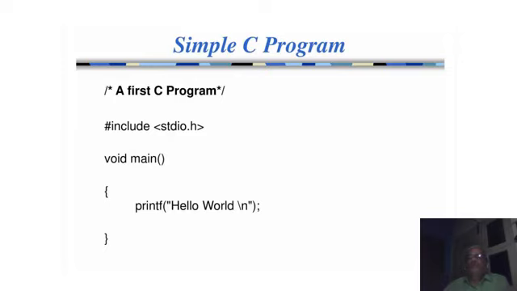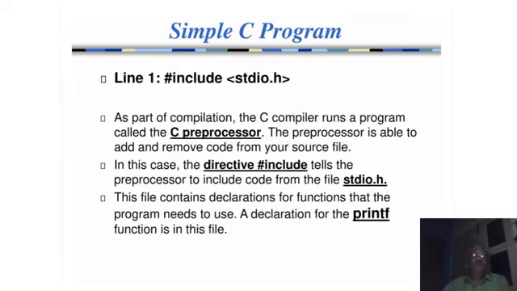Then I open the brace at the starting point of the program. I use a printf command, and within brackets I write hello world, and then I close the program. It is a small program which displays the sentence hello world on the screen.